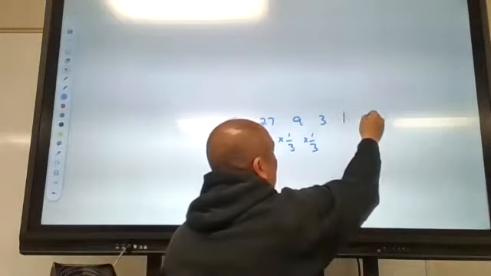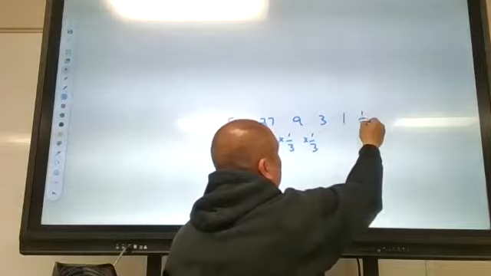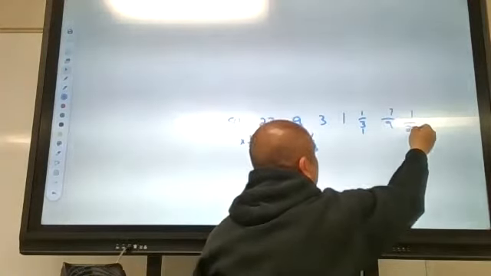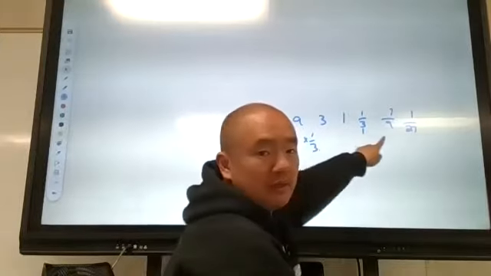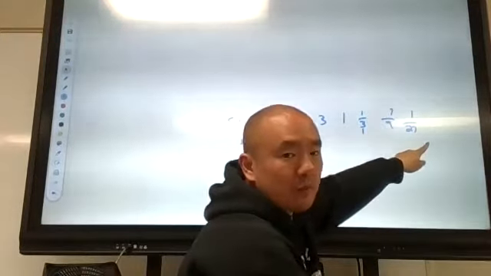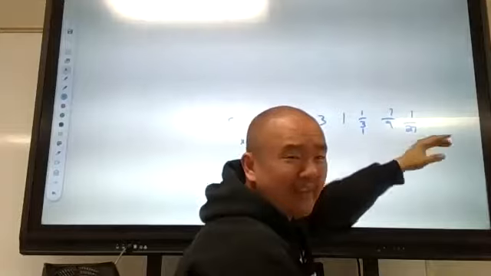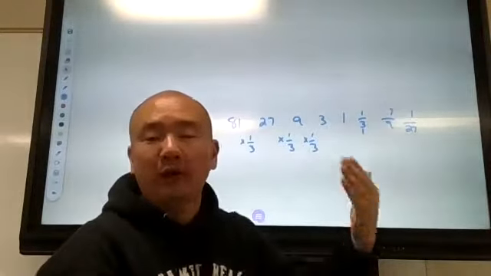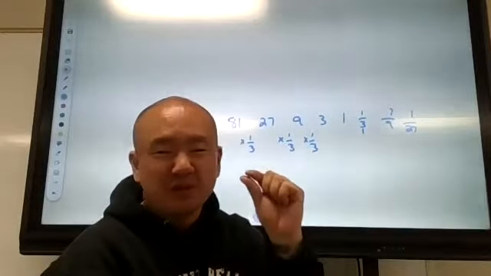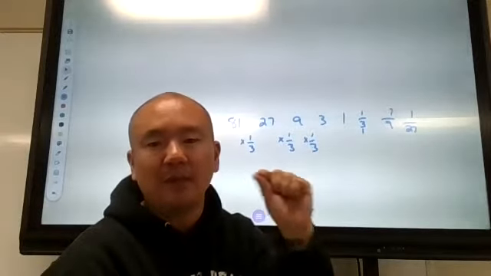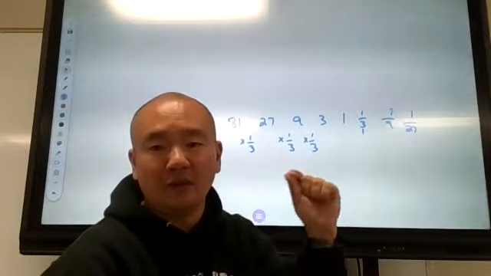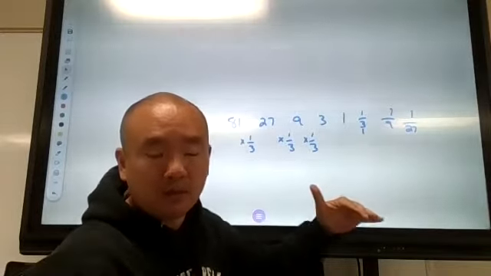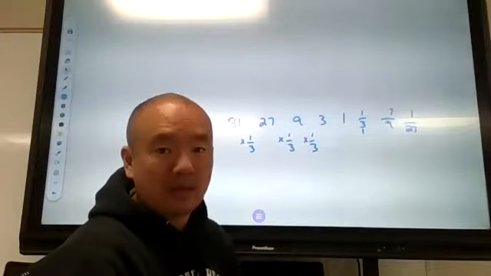So this is 1, this is 1/3, this is 1/9, and this is 1/27. These numbers become so small that even 1 over 81 is a very small difference. It doesn't really add any value to the sum. So if you have a converging sequence, you can get a sum.